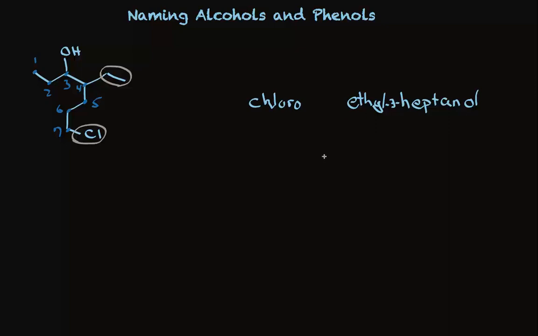And the ethyl group is on the 4th carbon. We need to say this is 4-ethyl. And the chloro group is on the 7th carbon. And now we have the name. It's 7-chloro, 4-ethyl, 3-heptanol. I can also tell you that in some cases this 3 designator is placed just in front of the OL, the hydroxyl designator. So either location is acceptable in this name.